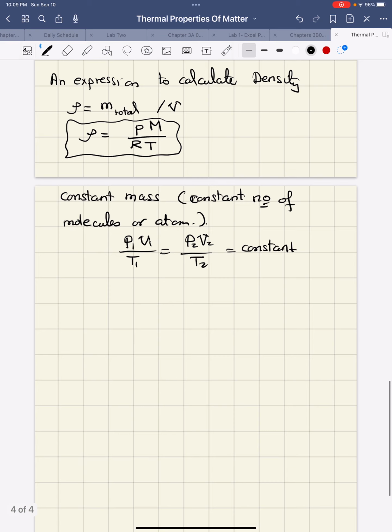Let me solve a problem for you, something that is going to be very basic. What is the volume of a gas at STP?